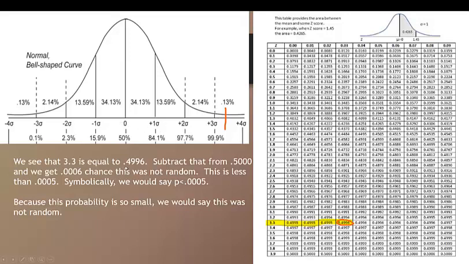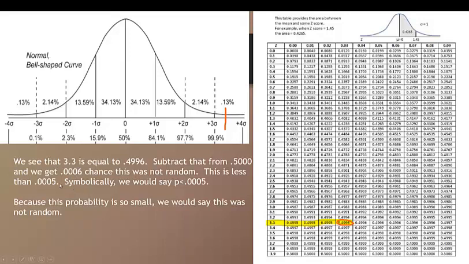So if we look at 3.3 on our standard deviation chart, we come down here and we see 3.33, and we come over and it's 0.4996. If we subtract this from 0.500, because that's the top of the curve, we get 0.006 chance. And what we're saying now is there is a 0.006 chance this was not a random event. 0.006 is less than 0.005.